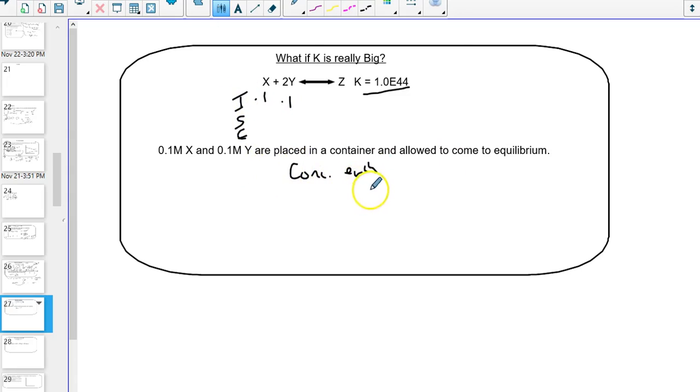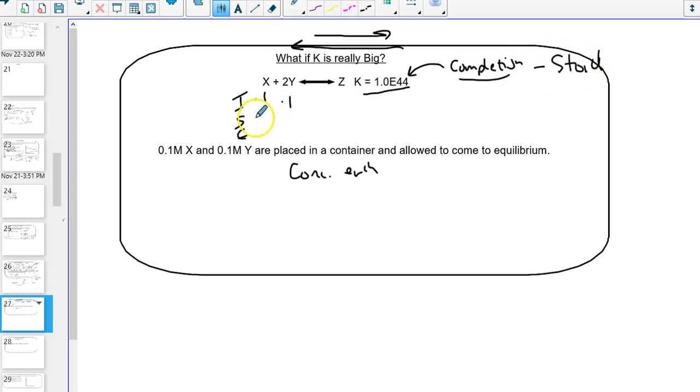Now, in this situation, when K is really small, everything basically went this way. Really big, everything basically goes this way. And we're going to treat a large K value, and it doesn't even have to be this large, any really big amount is fine, as basically going to completion. And this just becomes a stoichiometry question.